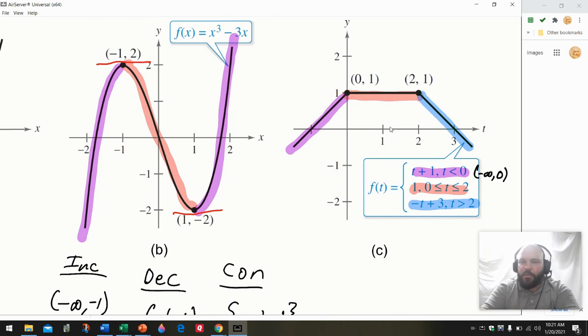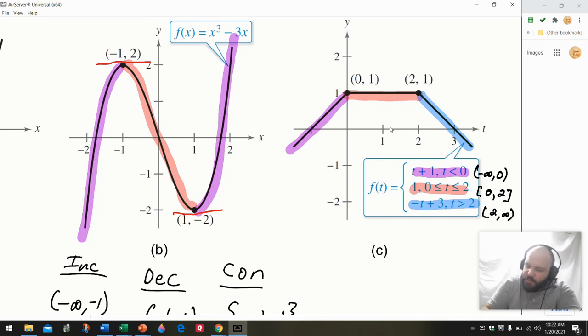Now the next one goes from 0, including 0, to 2. So I'm going to write bracket 0, comma, 2, bracket, because both the 0 and the 2 are included with the t because they're equal to. The last one is simply for numbers greater than 2. So we're going to start at 2 with a parenthesis, and then we're going to go to infinity. And infinity always uses a parenthesis as well. And that would be the interval.